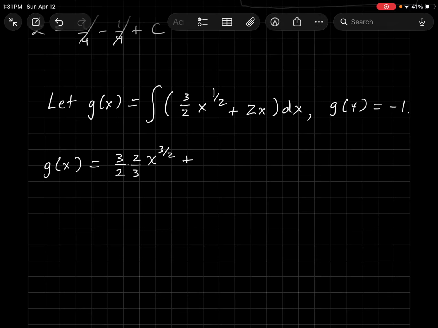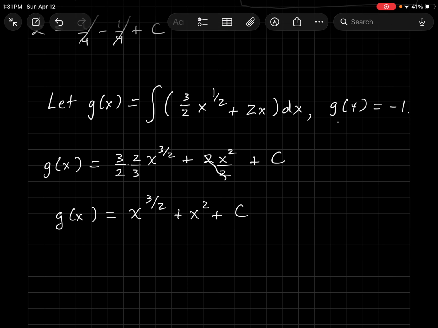Plus 2, and then add 1 to the power, divide by the new power. Or you simply know that the antiderivative of that one is x squared plus c. Cleaning g of x up just a little bit, we see that g of x is x to the 3/2 plus x squared plus c.